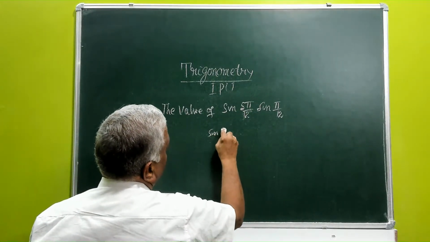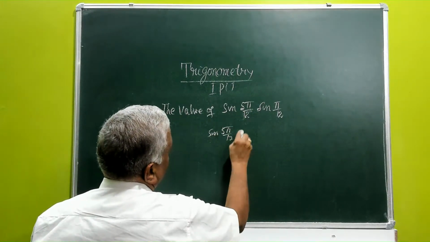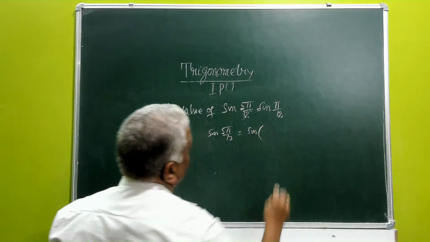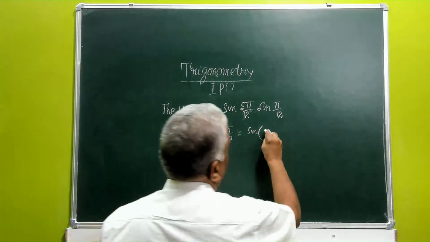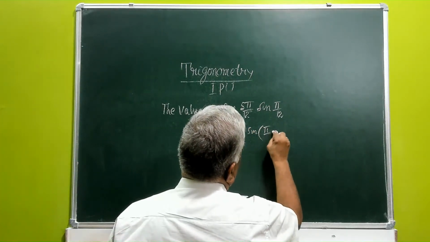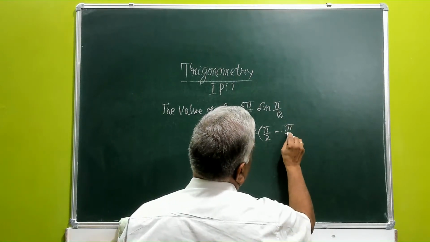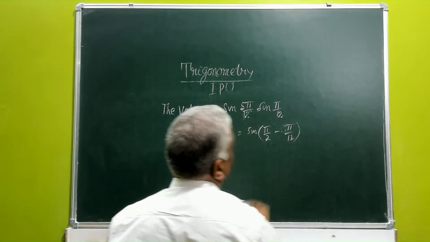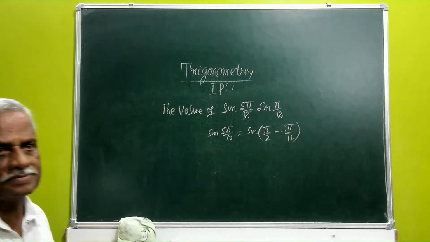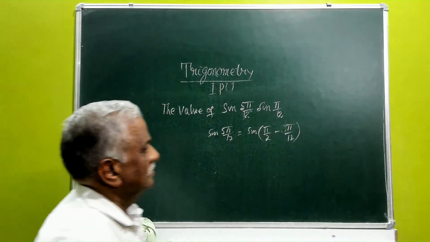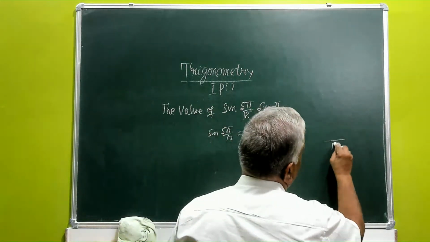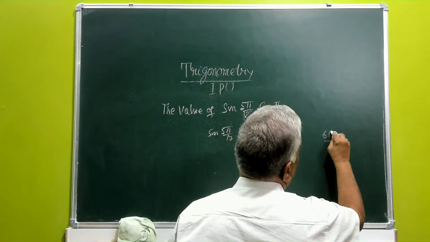Sin 5 pi by 12 can be written as sin of pi by 2 minus pi by 12. Taking LCM as 12, it is 6 pi minus pi.